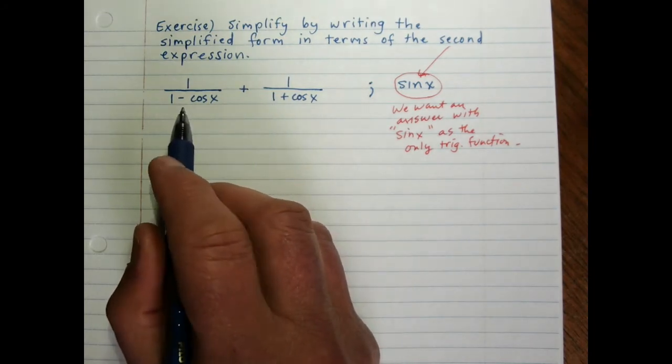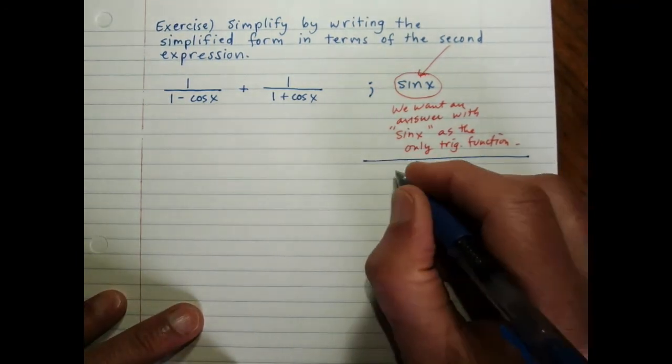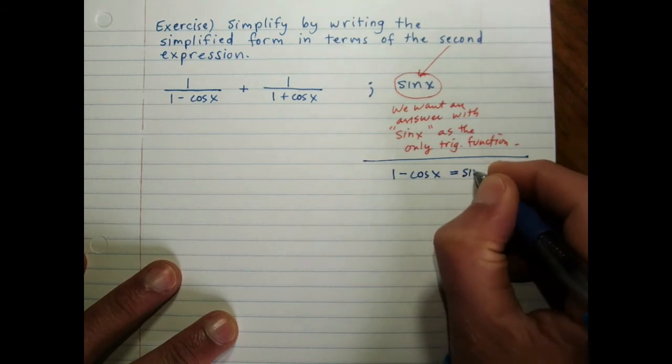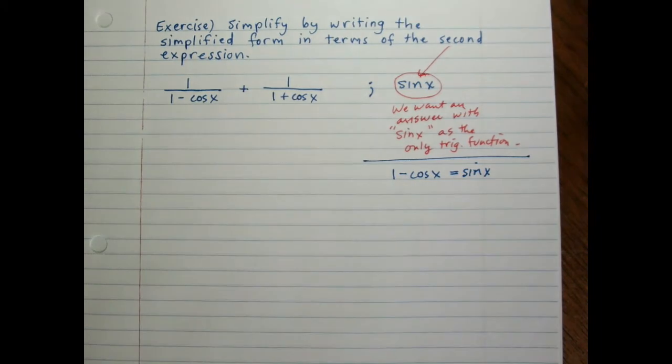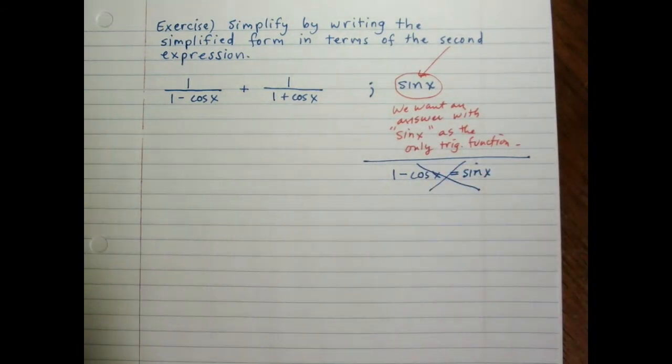I cannot say, sometimes students will make this kind of mistake, 1 minus cosine x equals sin x. Is that what I was saying on our first sheet of identities? No way that that's true.